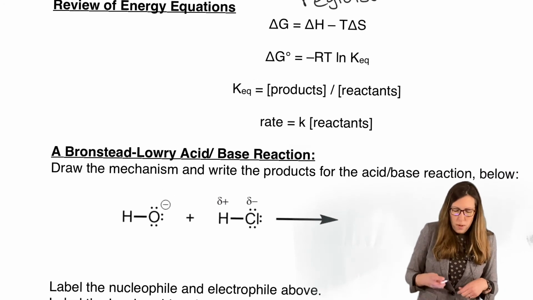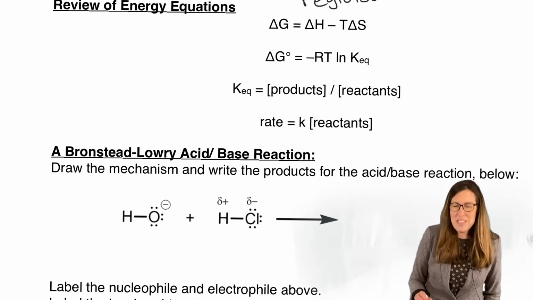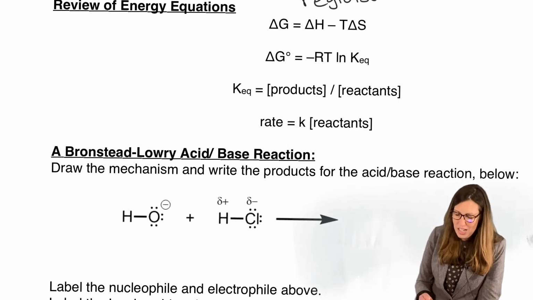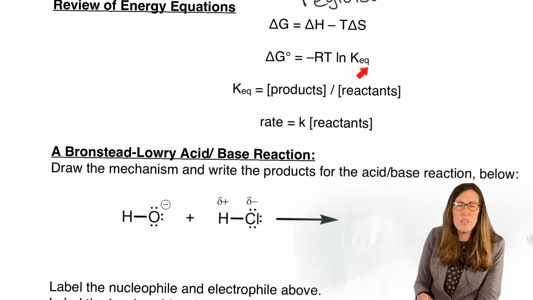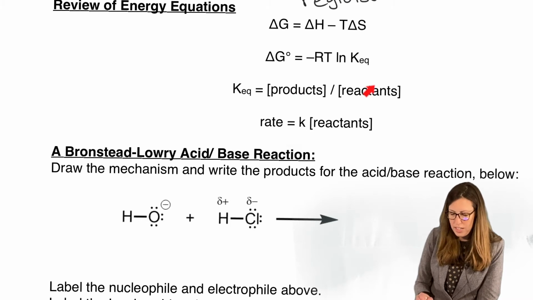So just some equations that will be brought up very casually, but they have a lot more depth to them than it appears in the way that we're going to use them, to be honest. Gibbs free energy: delta G equals delta H minus T delta S. We also see the standard Gibbs free energy related to the equilibrium constant, which, as we reminded ourselves from acid-base chemistry, is the concentration of products over the concentration of reactants.